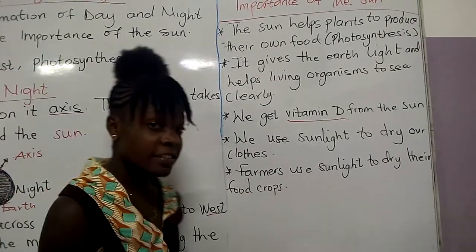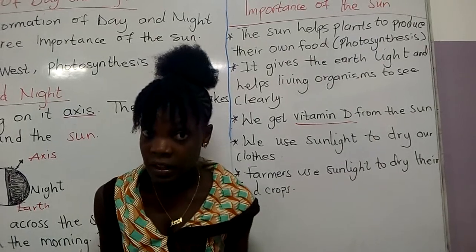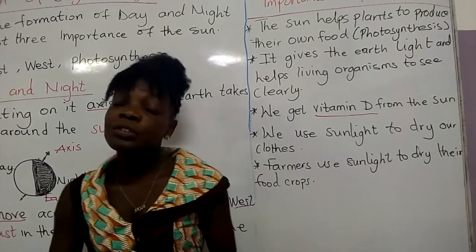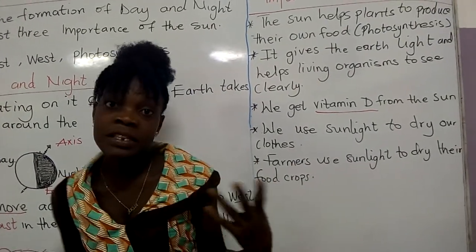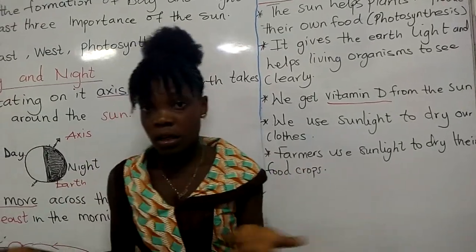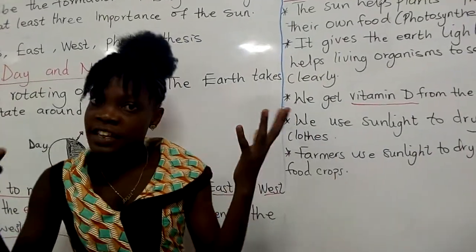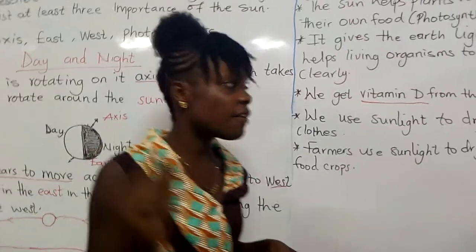Mostly, it's not during the whole day that you get the vitamin D. It's in the morning when you walk around and the sun comes out, you get that vitamin.